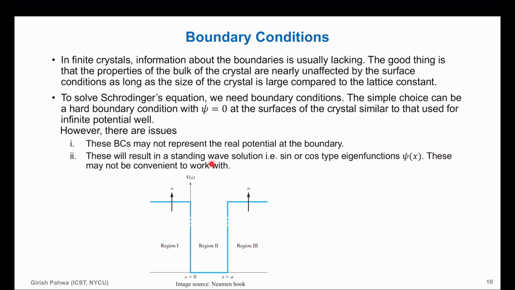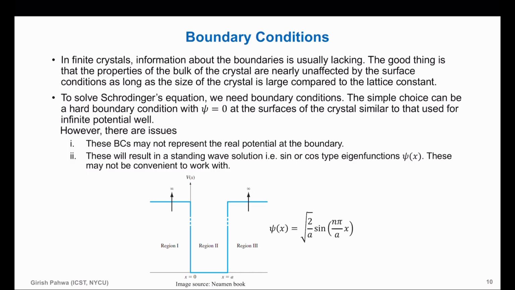When we solve this, there is some a sin kx plus b cos kx, so there is some interference of the wave. It forms a standing wave, not like a plane wave. Sine and cosine can be very difficult to work with compared to e to the power iota kx.